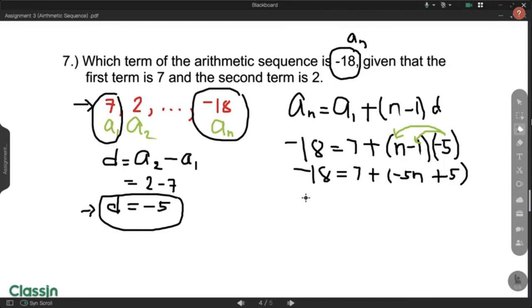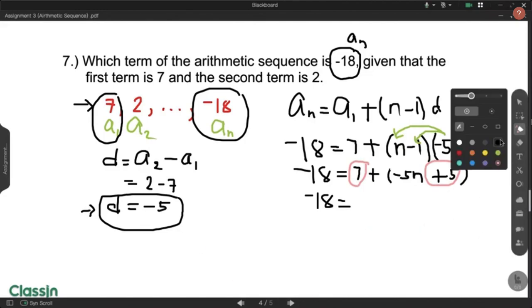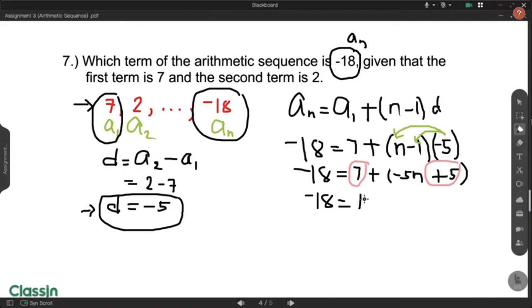Alright, so we have negative 18 equals, we combine the like terms, we combine the whole numbers. 7 and 5. 7 plus 5 is 12. And then plus a negative number is just minus 5n.